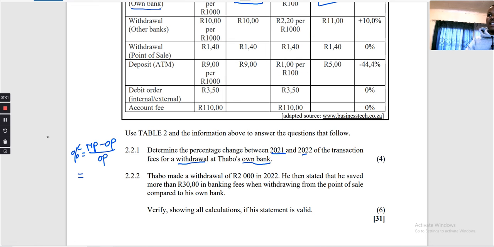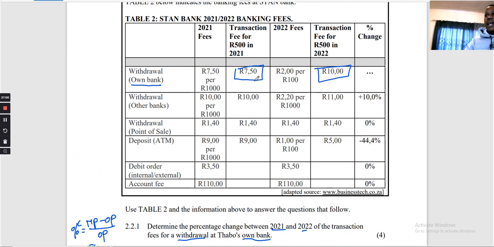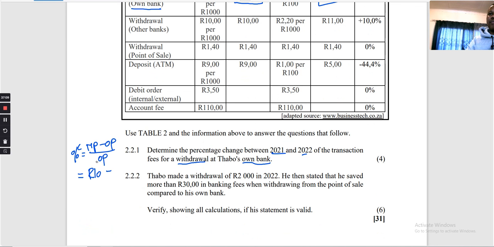So it's 10 Rand minus the previous one, 7.50 Rand, and we divide by 7.50 Rand, then we multiply by 100. I forgot this: multiply by 100, so we're going to get our percentage. 10 minus 7.5, divided by 7.5, multiplied by 100, and that gives us 33.3%. That is our answer right there.